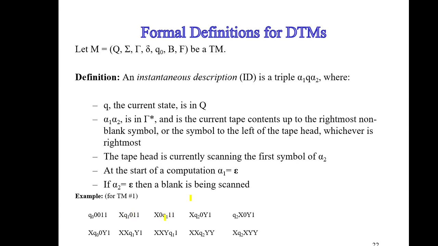After reading 1 it moves to the next state Q2, and again reading 1, it stays in Q2. In a similar way it processes, and finally it reads the blank symbol. Now the input is consumed and it has reached the final state Q4, so the string 0011 is accepted by the Turing machine. So this is the process.